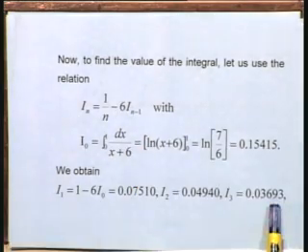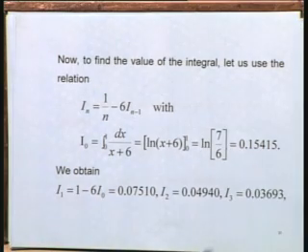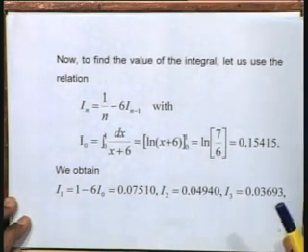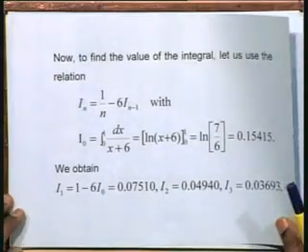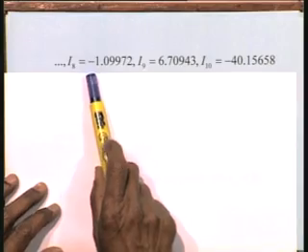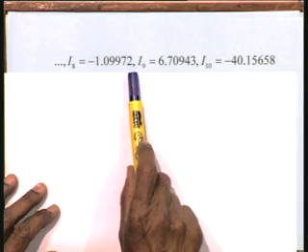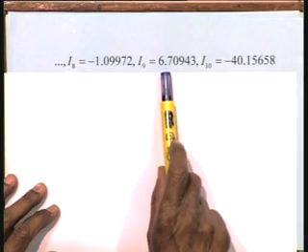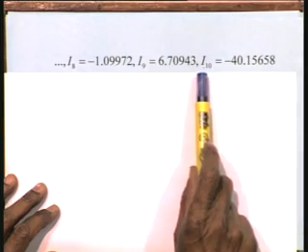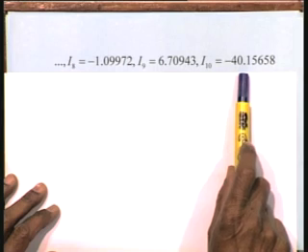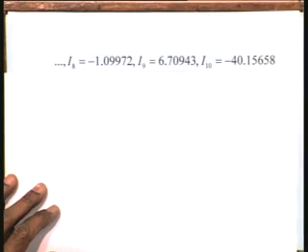I get the values of I 3 as this. Then I proceed further and finally I 8 is equal to minus 1.00972, I 9 comes out as 6.70943, and I 10 comes out to be minus 40.15658.